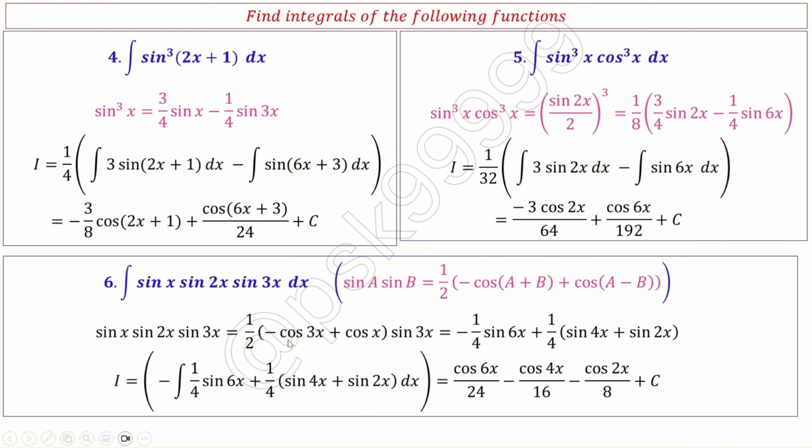Now I'm using cos 3x sin 3x, which is nothing but sin 6x by 2, so minus 1 by 4 sin 6x, plus again cos x into sin 3x, which I will rewrite as 1 by 4 into sin 4x plus sin 2x. Once it is simplified, I can get the answer of the integration, which is cos 6x by 24 minus cos 4x by 16 minus cos 2x by 8 plus constant.